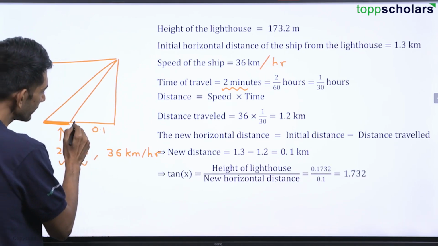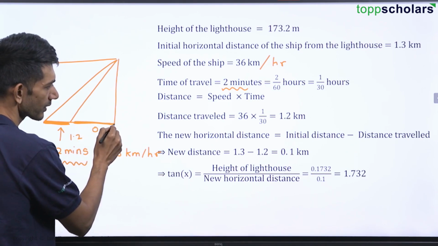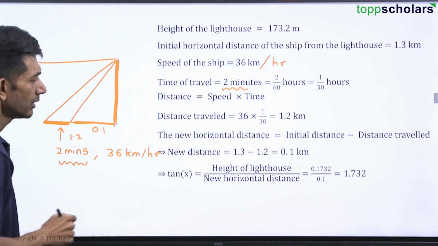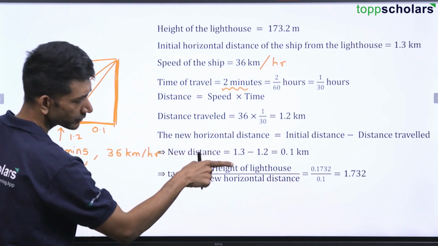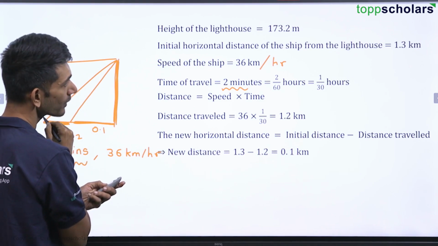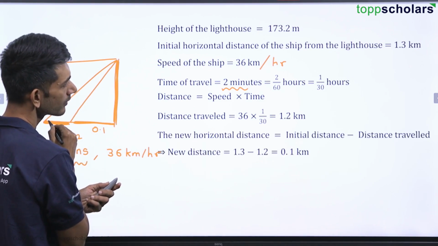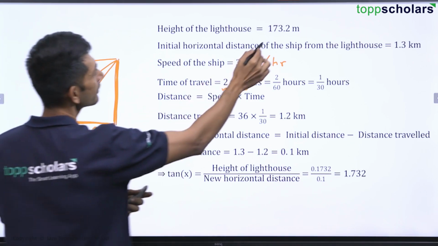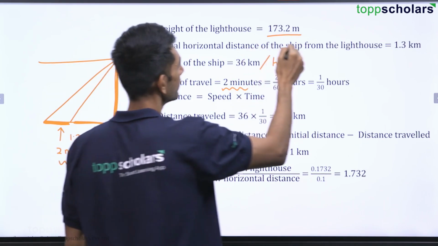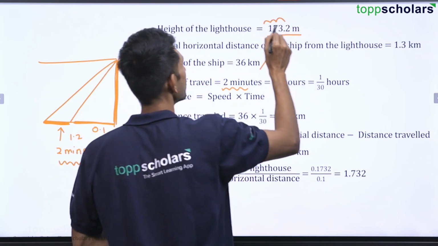Now I know this is 0.1. Correct. And this is how much? This is 0.1732 kilometer, because this is in meters, I need to shift the decimal by 3 places.